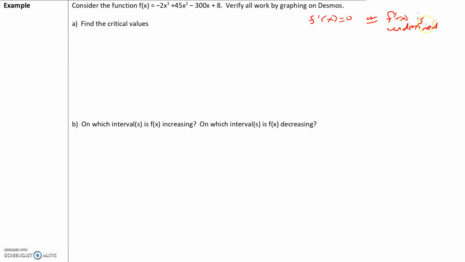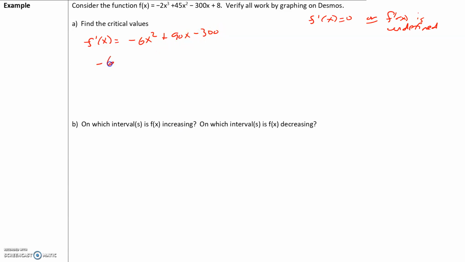I'm going to keep saying this over and over again so it stays fresh in your minds. Either way, we need f prime of x. So f prime of x: 3 times negative 2 is negative 6x squared, 2 times 45 is 90x, then we have negative 300. That's f prime of x. This can't be undefined because we don't have any division by 0. We're not dividing by a variable.